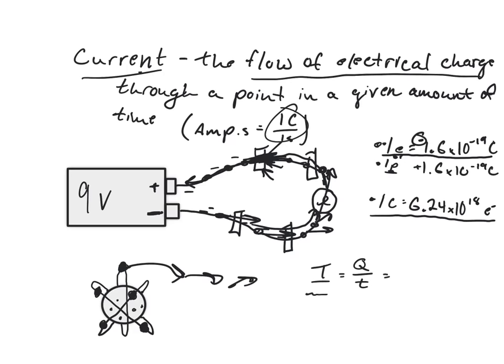And looking at our units again, that's coulombs per second when you break it down into the SI base units. This means that in any given second, if you have 1 amp of current flow, you have 1 coulomb, or 6.24 times 10 to the 18th electrons flowing through any cross-sectional area of that circuit in 1 second.